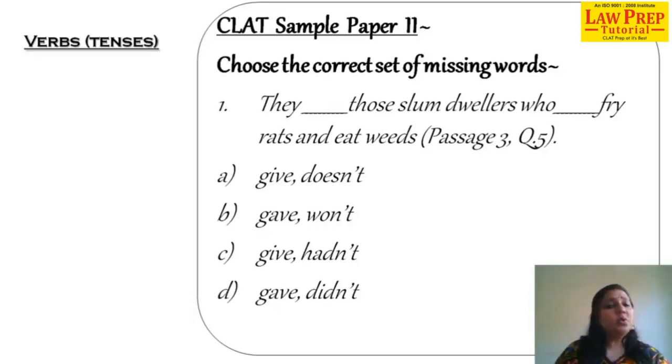So give only was the answer, if it would be, he gives those slum dwellers, he gives, those is also plural. So if the sentence needs gives and doesn't, it would be he gives those, he gives his friend who doesn't fry, means singular form, right?